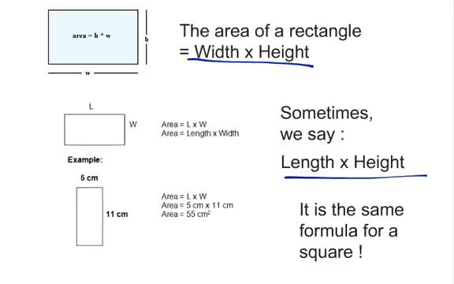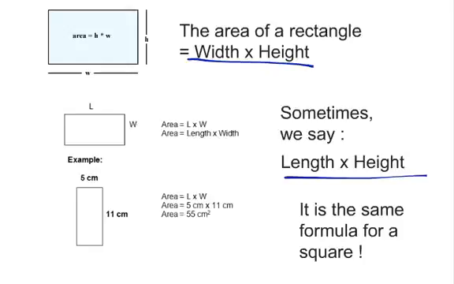If you look at the example that you have here with the rectangle, you can see the formula area equals length times width. And then we can measure 5 centimeters times 11 centimeters. That gives you 55 square centimeters.